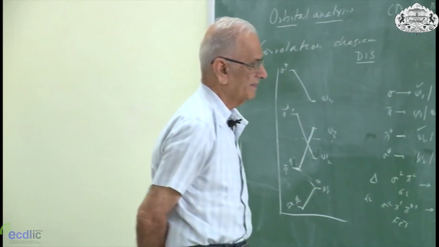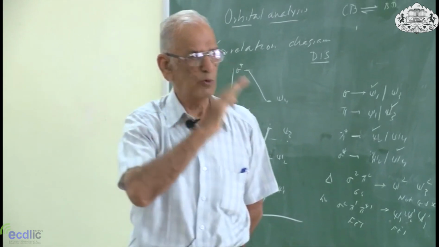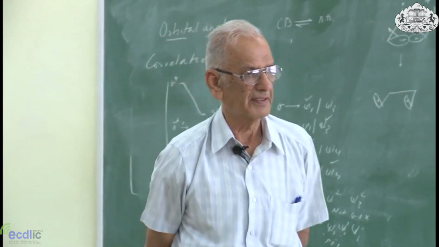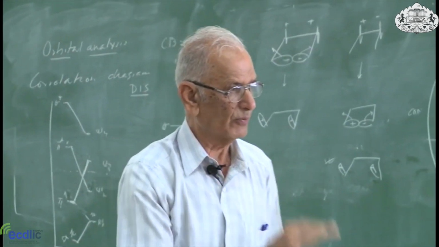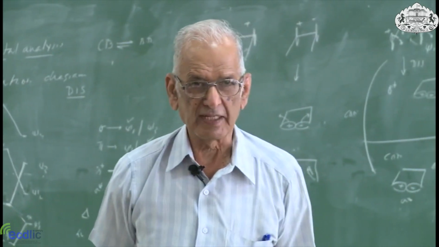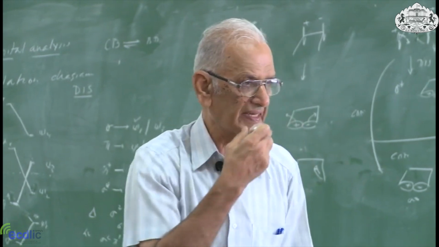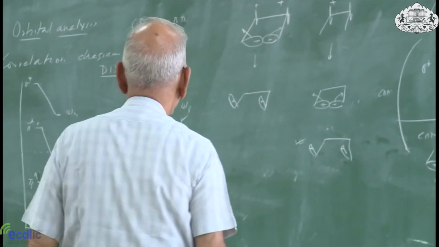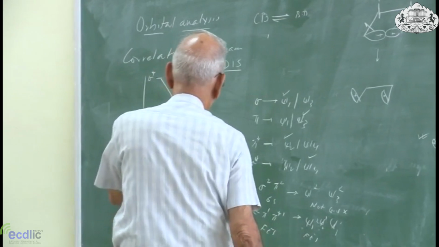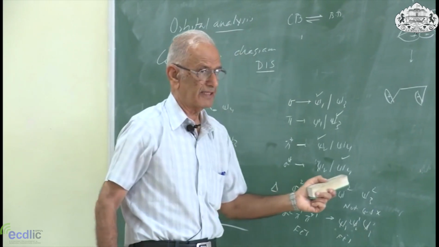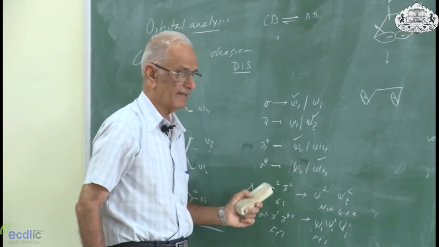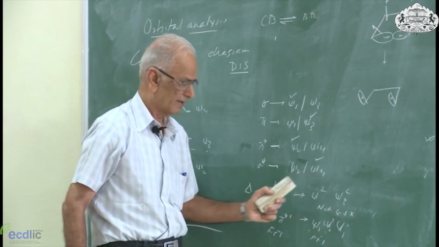So, whatever correlation diagram you got for butadiene to cyclobutene, the same correlation diagram you get for cyclobutene to butadiene. Thermal reaction, ground state does not give ground state, therefore, disrotatory is not allowed.